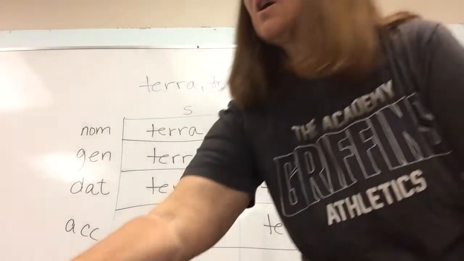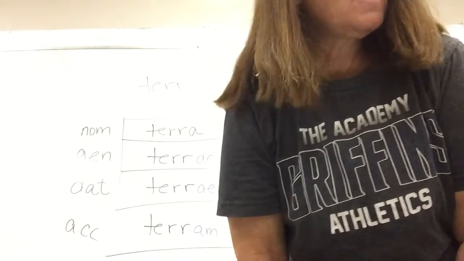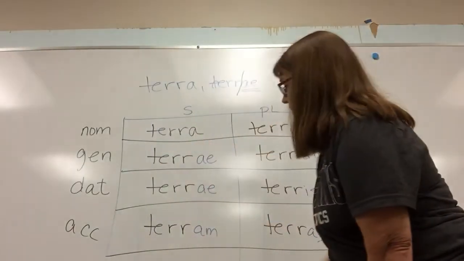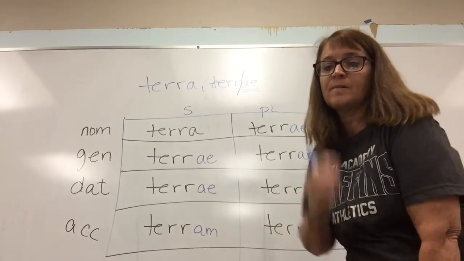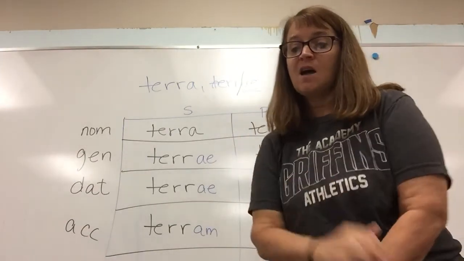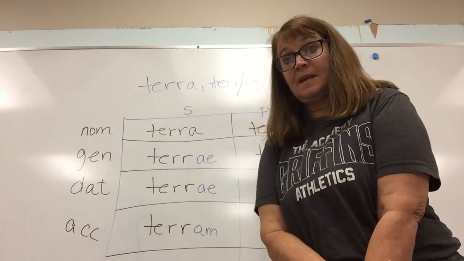Okay, so as you do exercises 1, 2, 3, and 5, you're going to be working with this paradigm, this form. In exercise 2, it says, tell what forms these are and give the meanings.